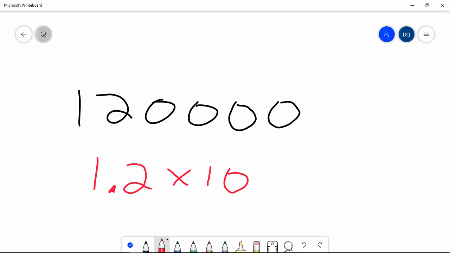And now you see the decimal is here and has to be moved 1, 2, 3, 4, 5 spots. So I'm going to put a 5 as my exponent. 1.2 times 10 to the exponent 5 is scientific notation for 120,000.